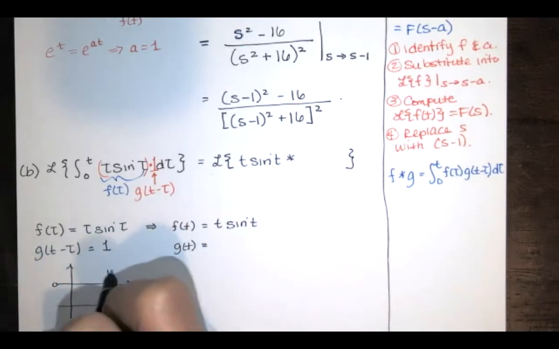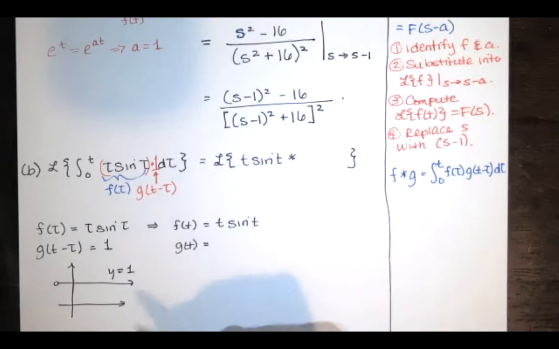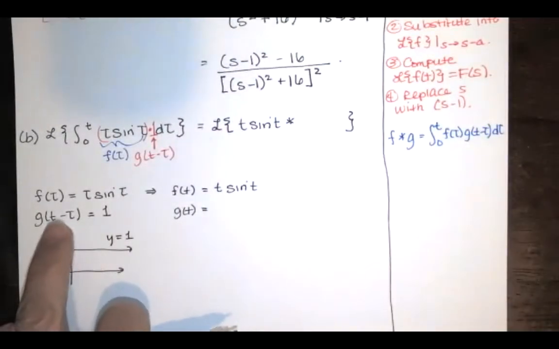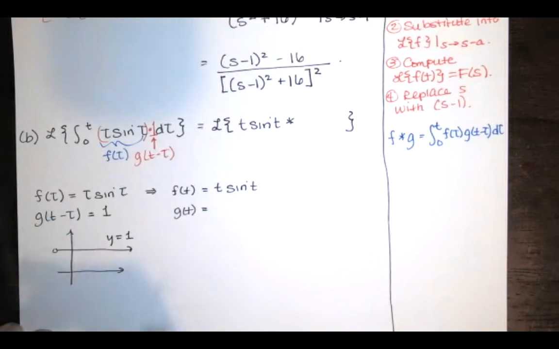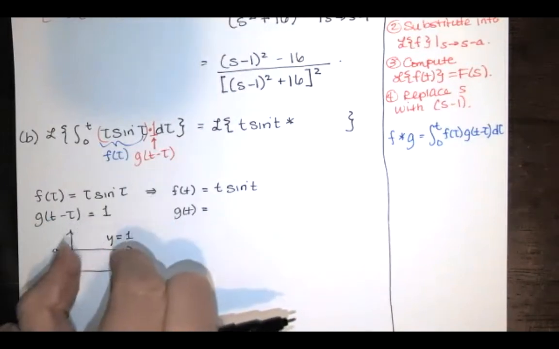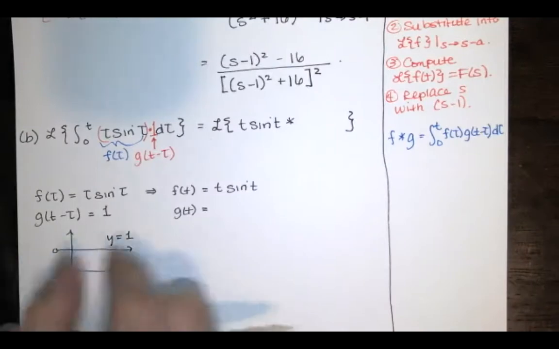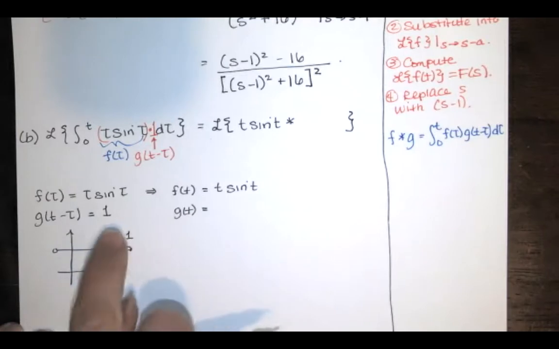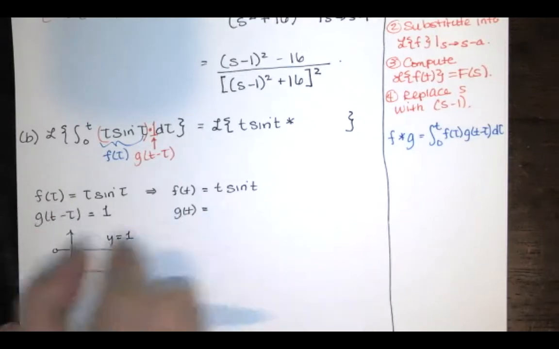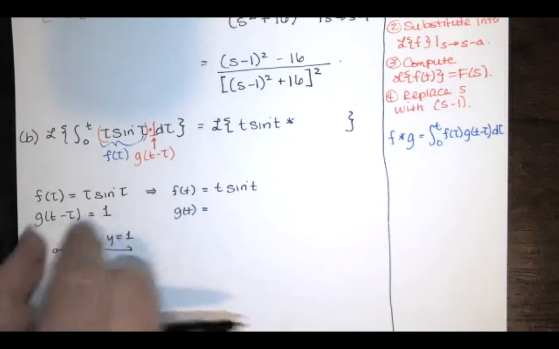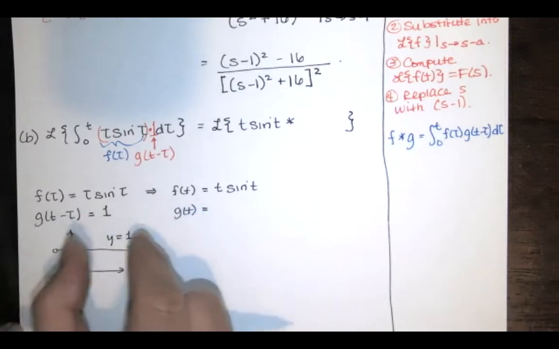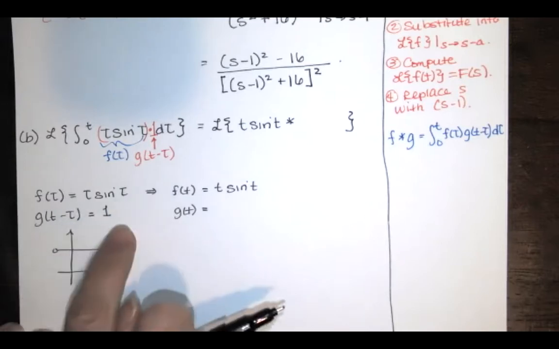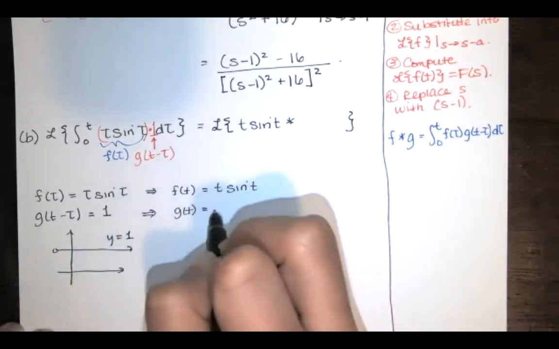So if I go from t minus tau to just a t, I'm just shifting tau units in one direction or another, right? Like this would shift g of t tau units to the right. To go from here to here, I'd have to shift g of t minus tau units to the left. Those details don't matter. It's a constant function. If this is equal to 1, then g of t has to equal 1 as well.